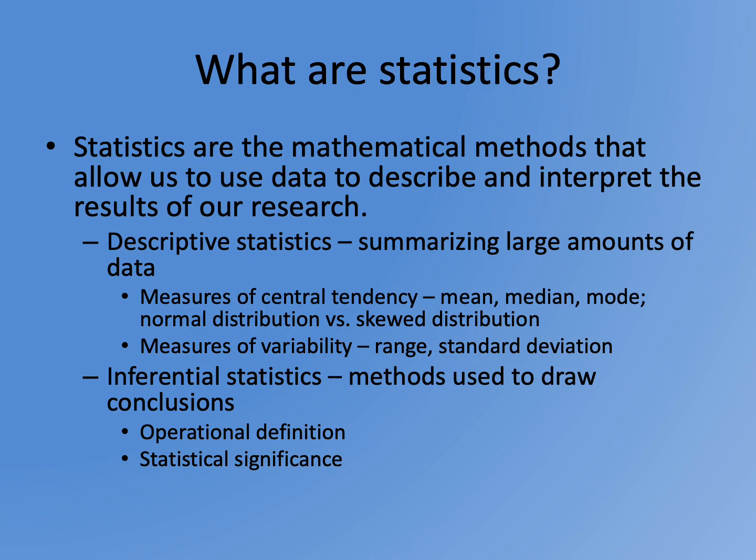Okay, so what are statistics? Statistics are mathematical methods that allow us to use data to describe and interpret the results of our study. And there are two major classes of statistics important for psychology. There are descriptive statistics, where you're again describing who your people are. So what was their average age? What was the breakdown between males and females or different ethnic groups?